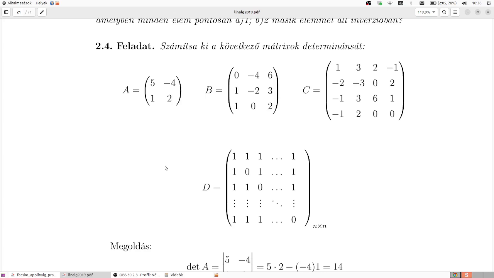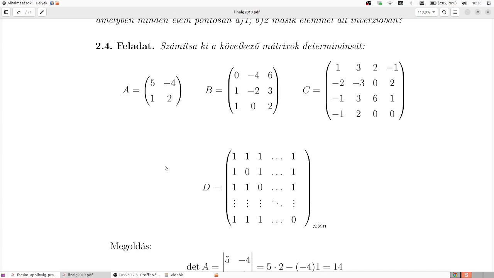This is the upper triangular form, and I just multiply this, and it's minus minus 14. That means 14. So what we just did, we just went minus 1, right?